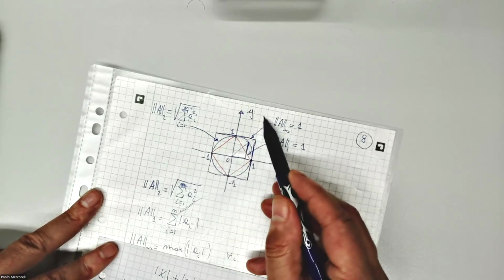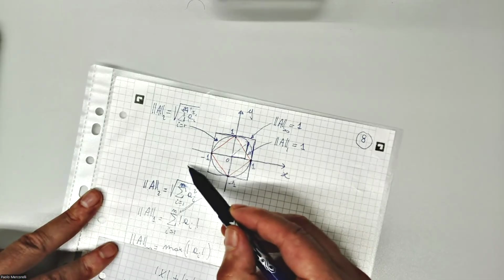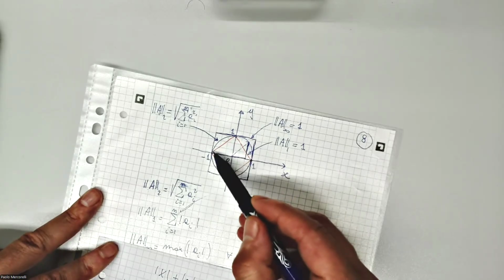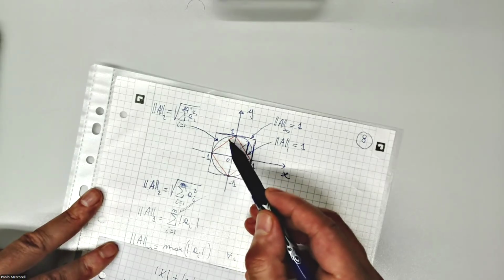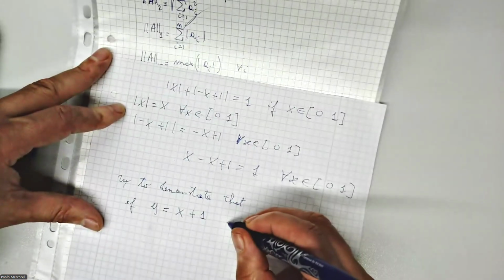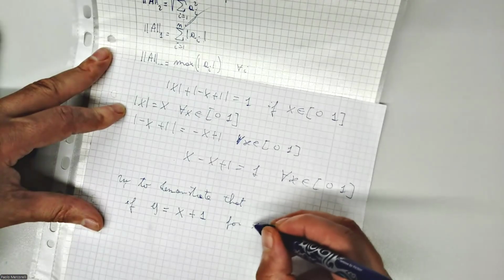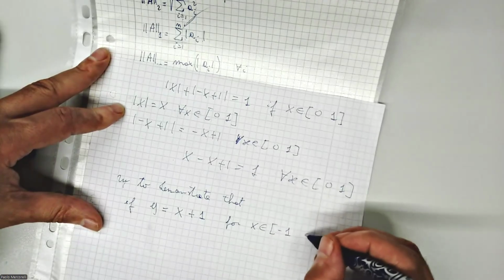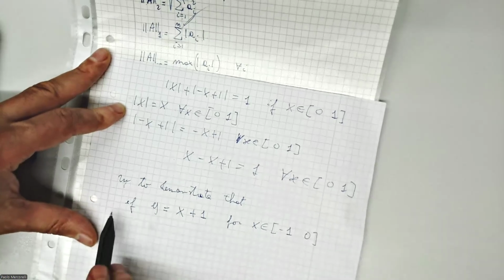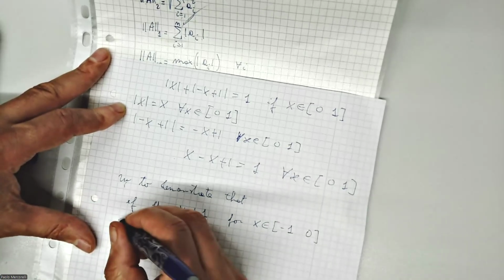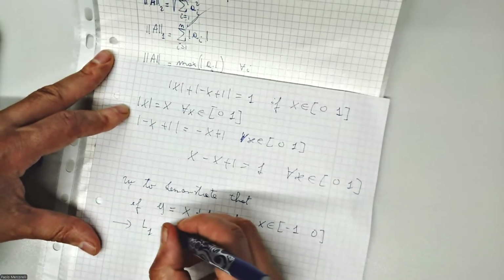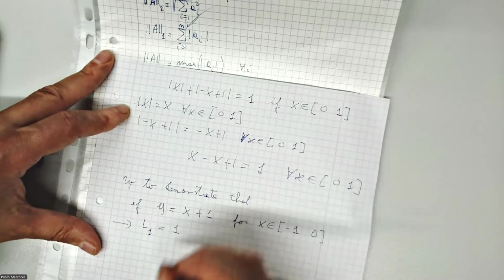This line here is characterized by x and x plus 1. For x which belongs to [-1, 0] in this case, we demonstrate this implies that the L1 norm is equal again to what?